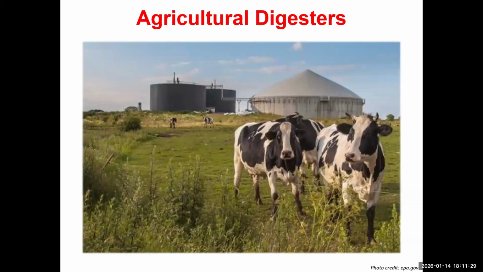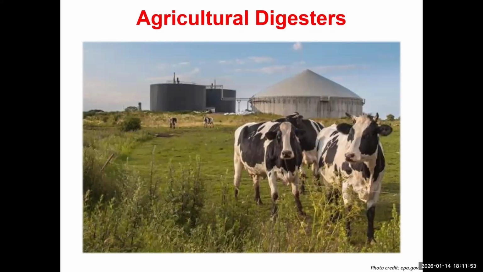Now, instead of allowing methane gas to just escape into the atmosphere as livestock manures decompose in an open lagoon, contributing to greenhouse gas emissions, farmers have been encouraged to use anaerobic digestion technology to capture this methane and use it as a renewable form of energy.